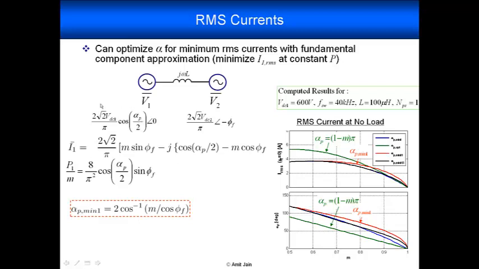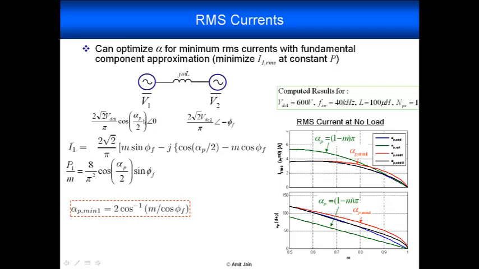So we have these magnitudes and phase angles for the voltages. Now the magnitude for the primary side voltage is being modulated by this cosine of alpha p divided by 2 because we are now introducing duty cycle control for the primary side bridge.